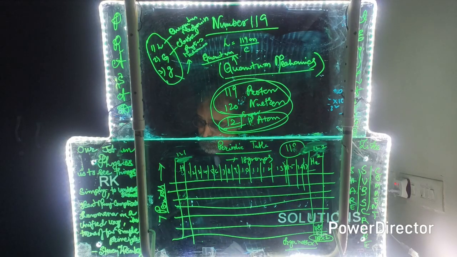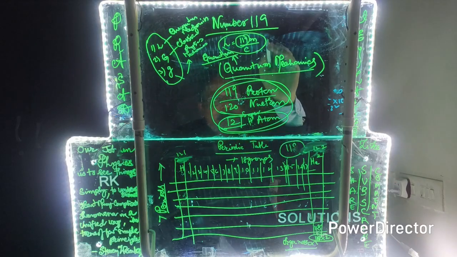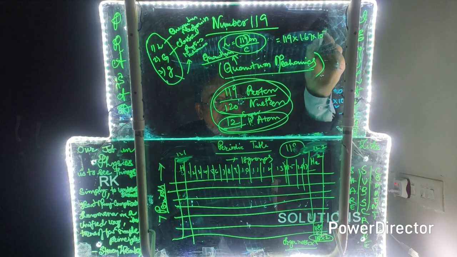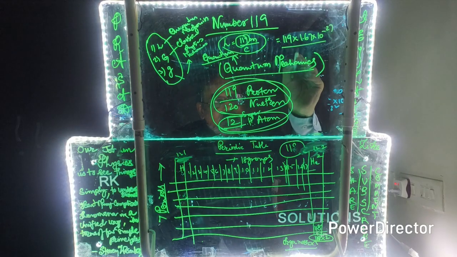Meaning, when we have this thing, 119 here, this means this is like this proton, which is basically 119 into 1.67 into 10 raised to minus 27 divided by 3 into 10 raised to 8.